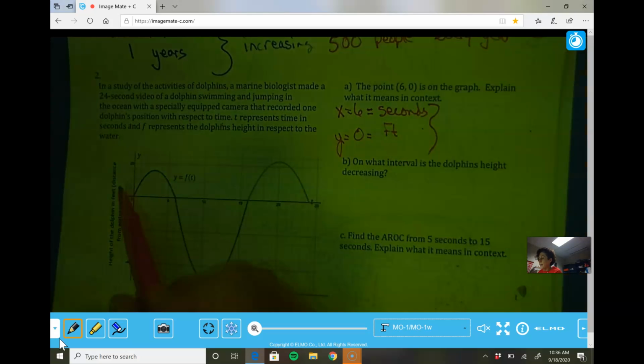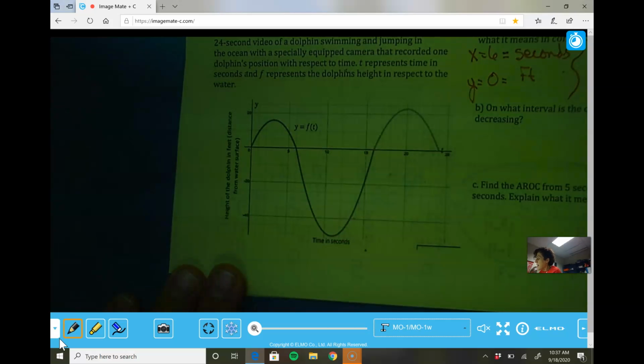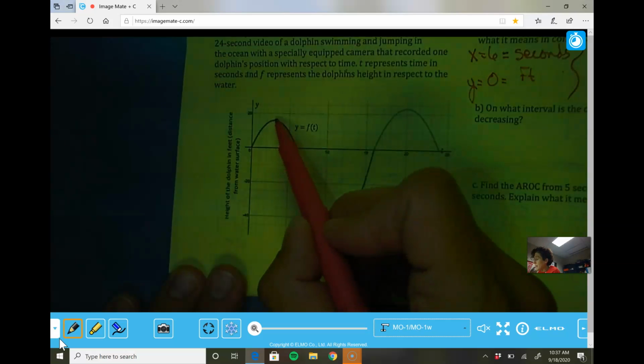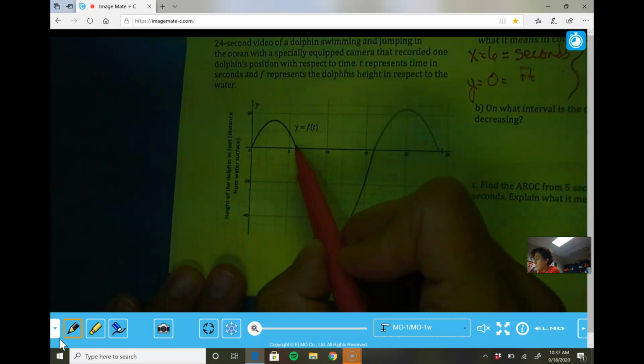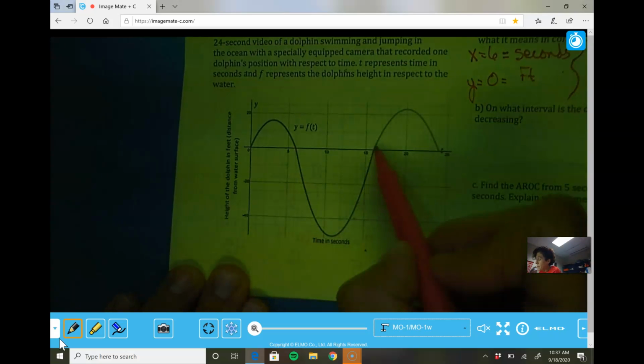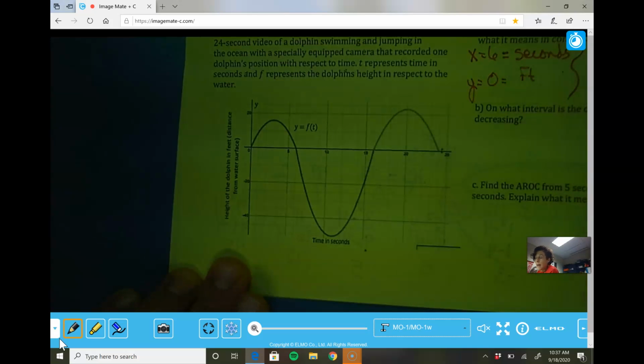So if you think about it, I'm assuming the camera has started, and it's catching that the dolphin is jumping up, goes in the air, then it hits this, and this is the water, and now it's underwater, comes around, gets momentum, jumps up out of the water, and then maybe the camera shuts off. So it doesn't have that much footage.